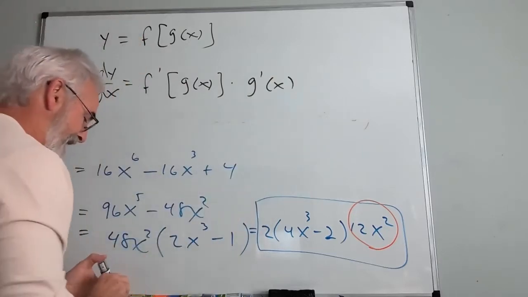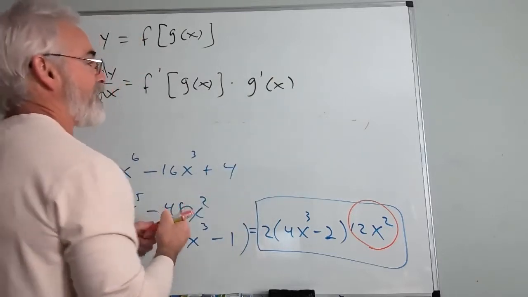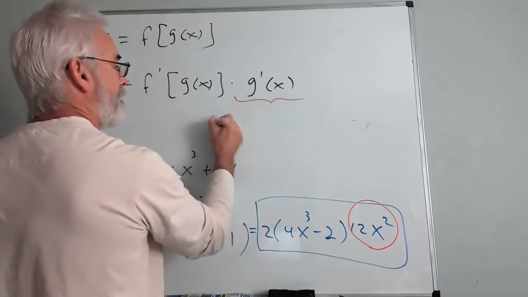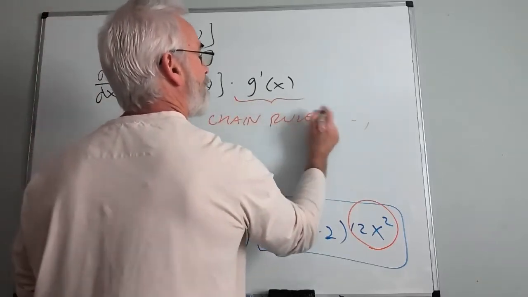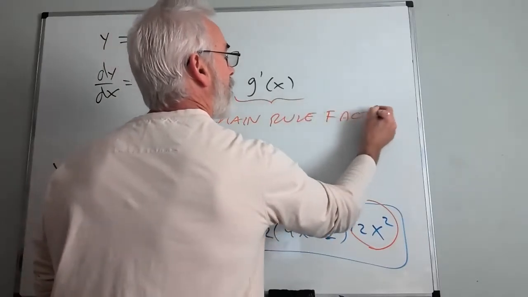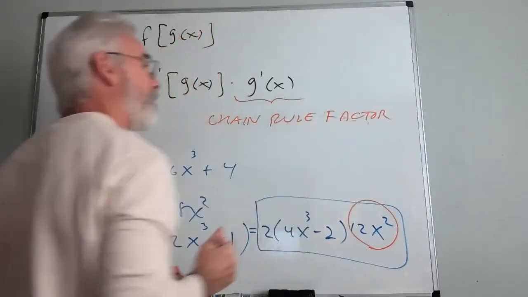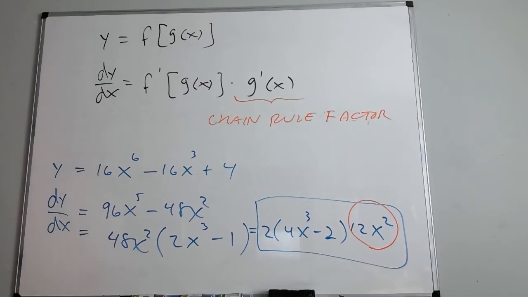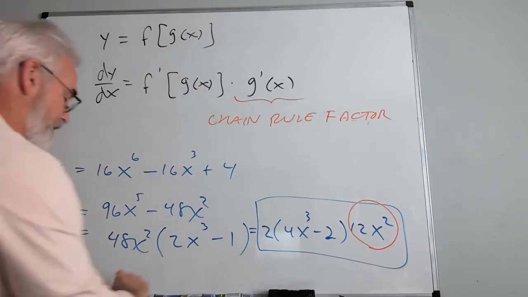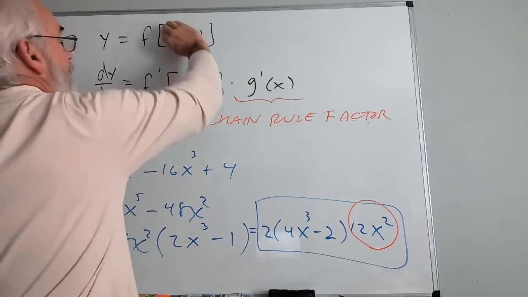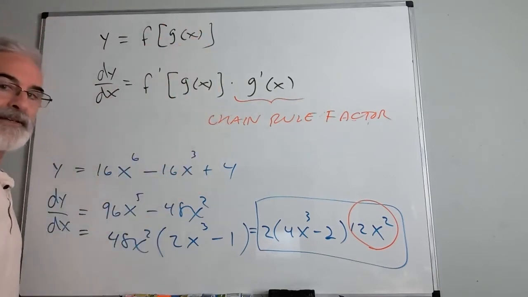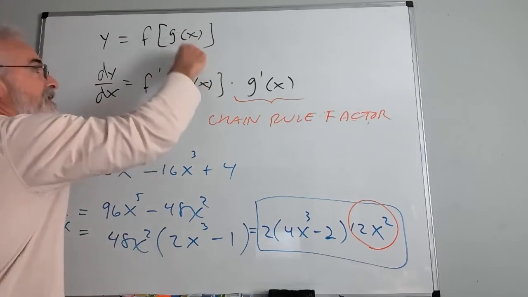And that second piece, this piece right here, we generally refer to as the chain rule factor. If I make a mistake, it's probably going to be that guy right there. I might forget him. So it doesn't matter what function it is. I differentiate it like it's just an f of x, but you notice that this didn't change.